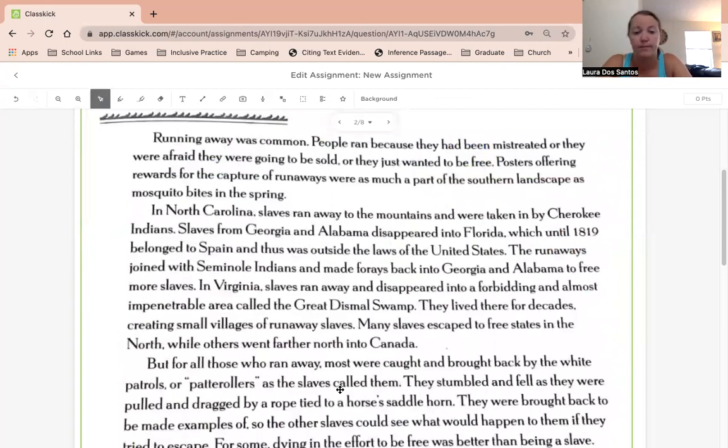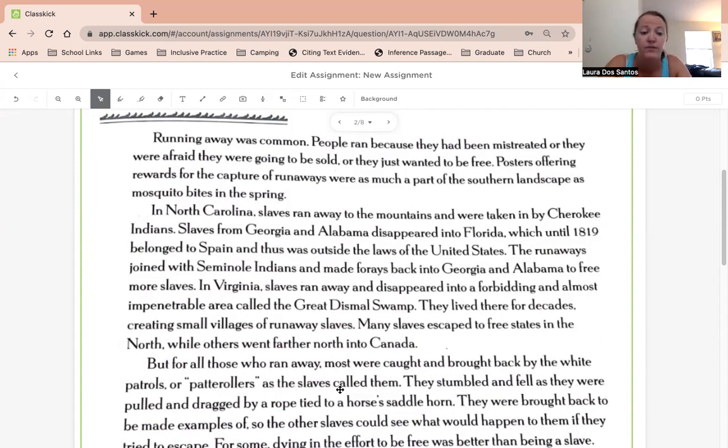Running away was common. People ran because they had been mistreated, or they were afraid they were going to be sold, or they just wanted to be free. Posters offering rewards for the capture of runaways were as much a part of the Southern landscape as mosquito bites in the spring. In North Carolina, slaves ran away to the mountains and were taken in by Cherokee Indians. Slaves from Georgia and Alabama disappeared into Florida, which until 1819 belonged to Spain, and thus was outside the laws of the United States.